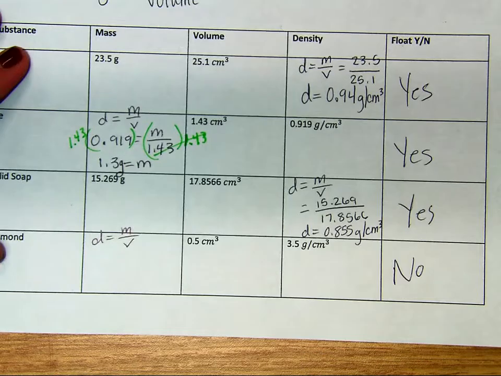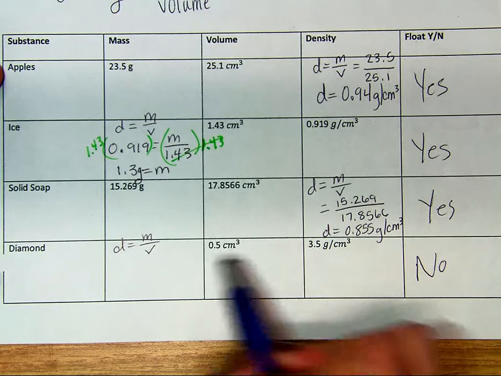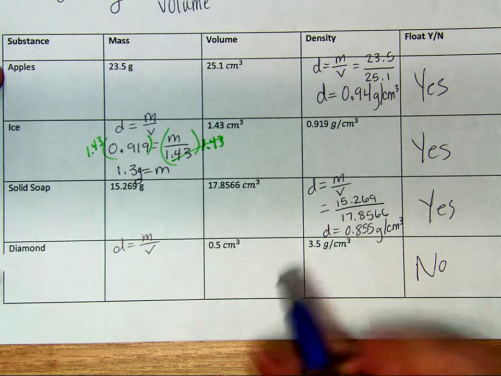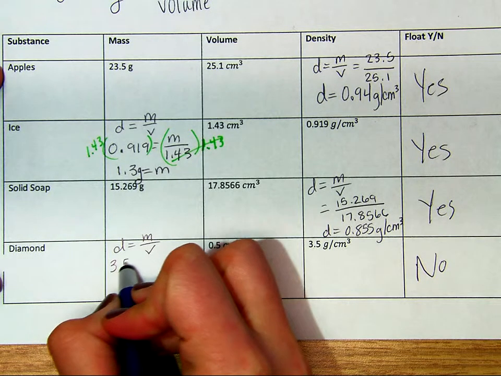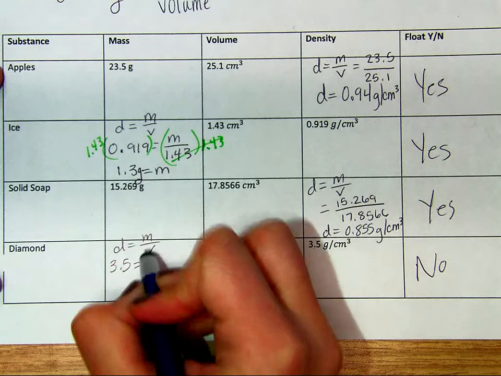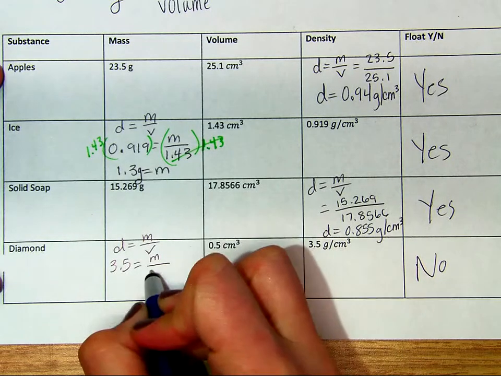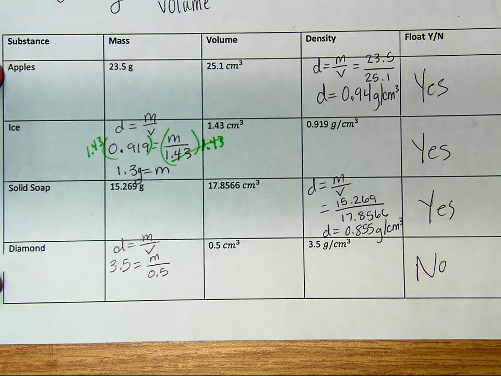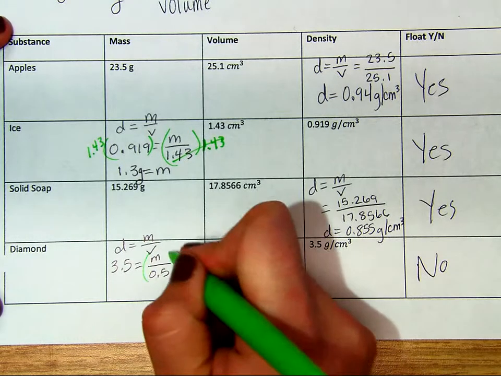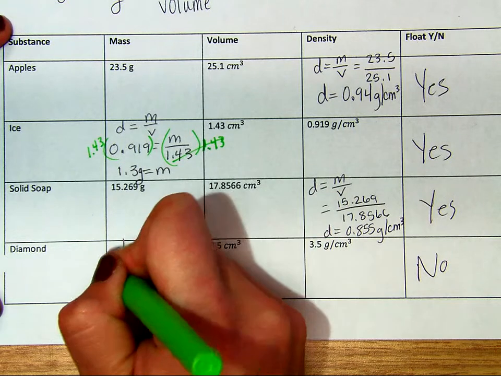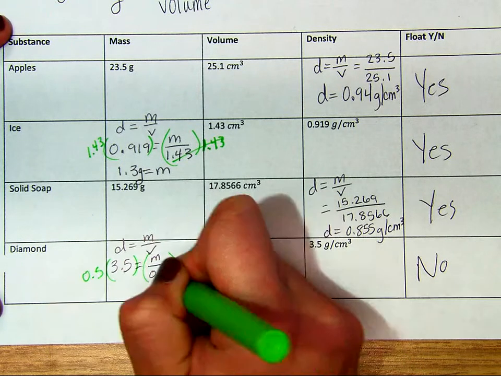Okay. Anyways, let's solve for mass here. So I know the volume and I know the density, so I'm going to substitute those values. 3.5 is my density, so I'm going to substitute that for D. I don't know the mass, but I do know the volume is 0.5. I'm going to substitute that in for V. And then solve for M. So right now M is being divided by 0.5, so to undo that division, I multiply by 0.5 on both sides of my equation.